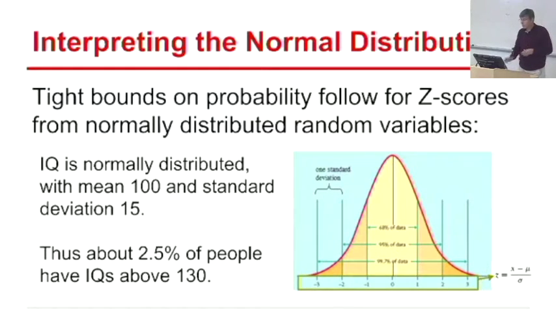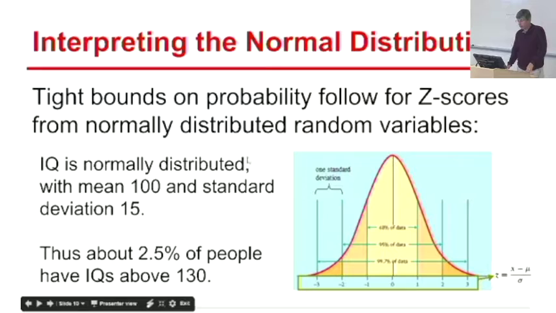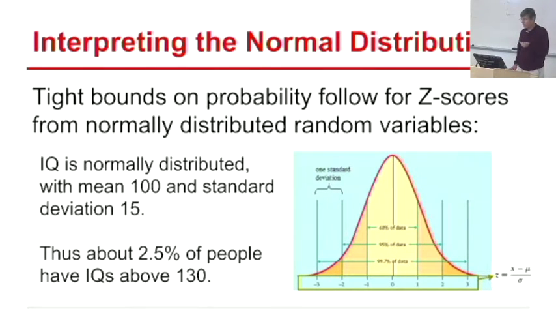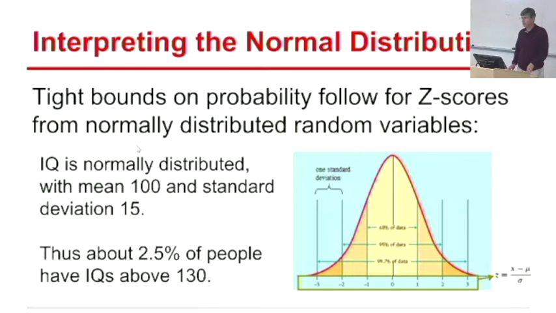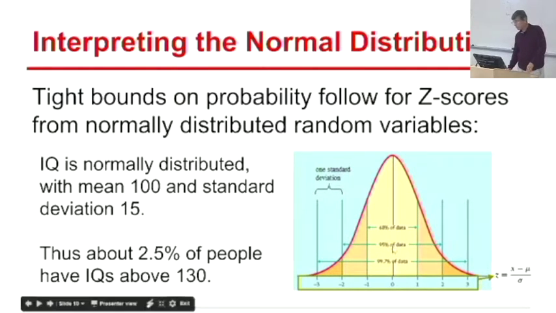Now the most famous property of the normal distribution is that, as we've said about any distribution in here, the mean and the standard deviation give you some tightness on the shape of a distribution. The neat thing is that because the normal distribution is completely defined by its mean and standard deviation, it gives you very, very tight bounds.